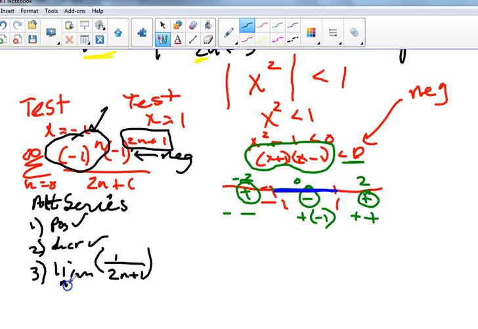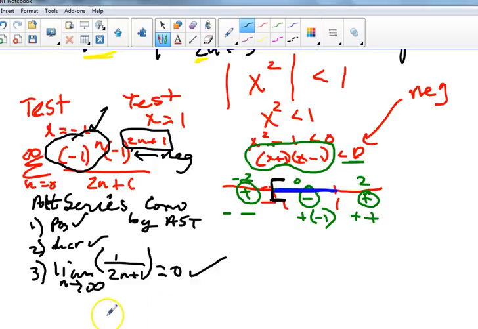Is that limit as n approaches infinity 0? And the answer is, yes, it is. So this one converges by the alternating series test. I'm glad there's audio for this. You can't read my writing. So I know this part of the number line will have a bracket. It's included. Alternating series always concludes convergence.